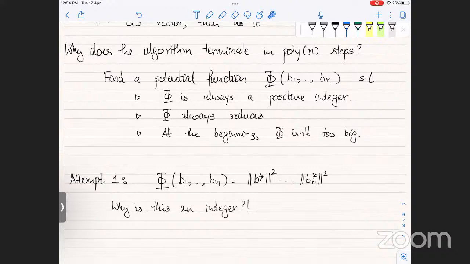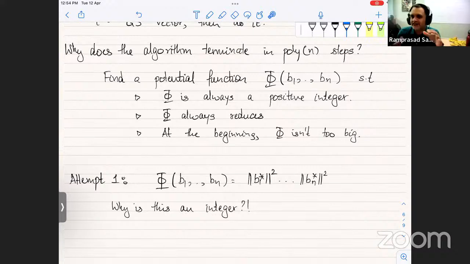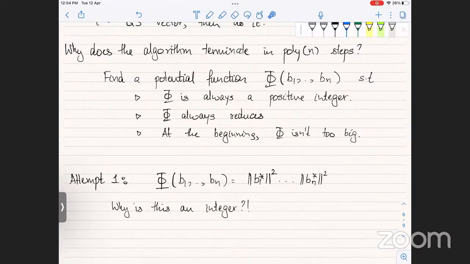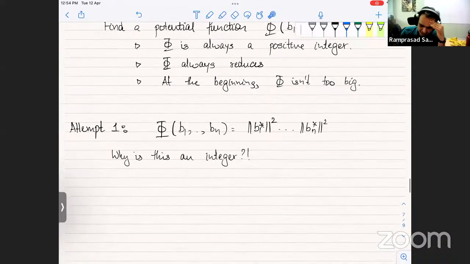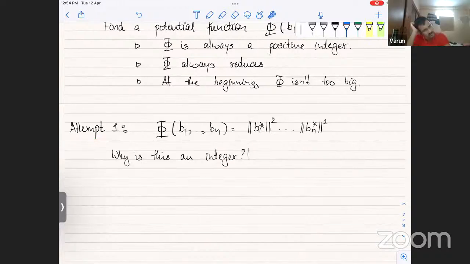And since the ith vector seems to have gotten smaller, because that's the reason you did the swap in the first place, it seems like this is a reasonable potential function. Hold that thought, which is why this is an attempt and not the answer.